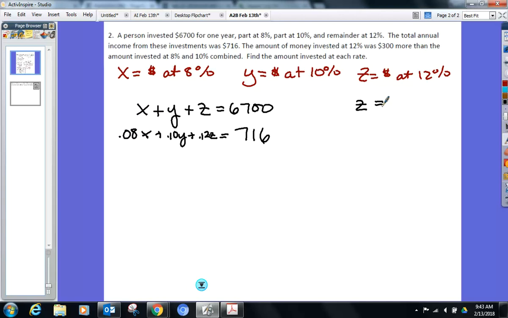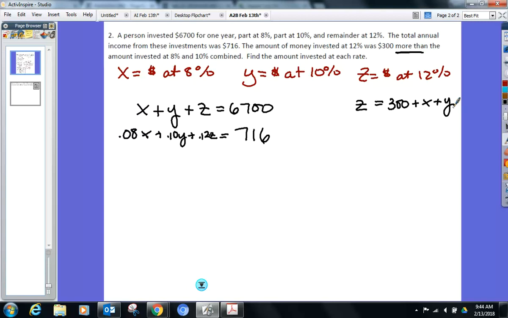So right away, 300 more than tells me 300 plus the amount invested at 8 and 10% combined. This is just the money I invested, so I'm not going to put the percents with them. It's just the money I put in there. X plus Y. 300 more than the 8 and 10% combined.